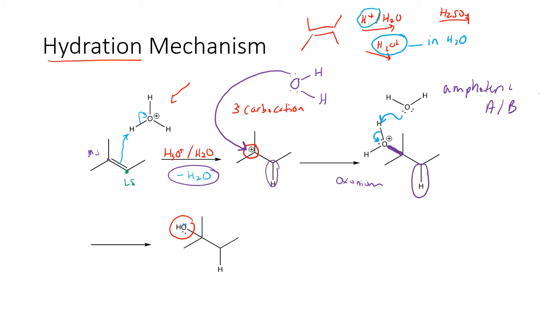And notice our oxygen is on the most substituted side where the alkene was most substituted, and the hydrogen is on the least substituted side. So this is our alcohol product. And in this case, if we're going to classify it, this is our alpha carbon. We have 1, 2, 3 carbons coming off our alpha carbon. So this is a tertiary alcohol.